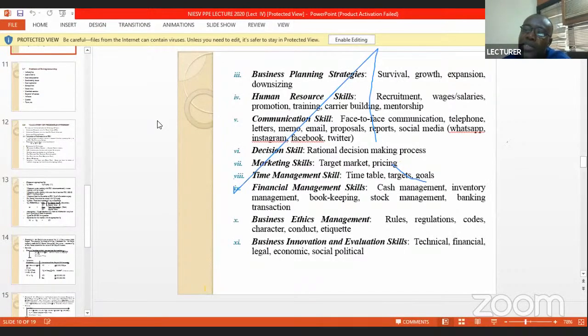The last one, which is also very important. You can keep money for eventualities.